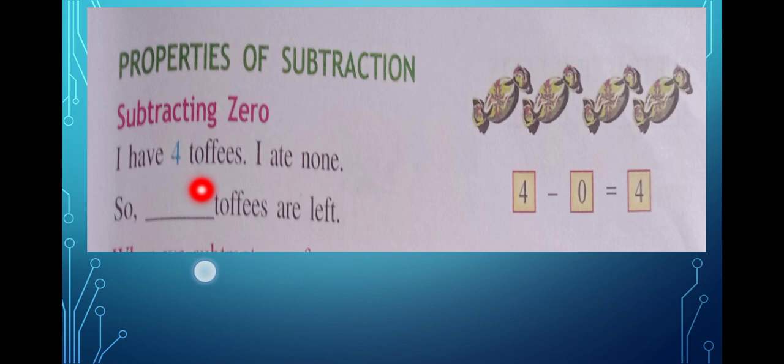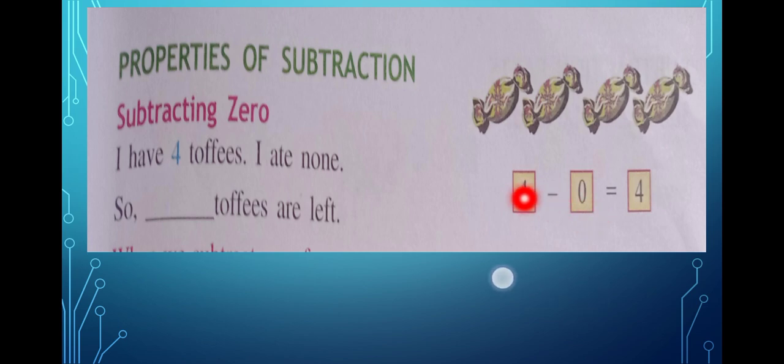See, I have 4 toffees. How many are there? 4 toffees. I ate none. So dash toffees are left. I ate none means I did not eat anything. So how many are there? 4. If you are not eating anything, that means how many you ate? 0.